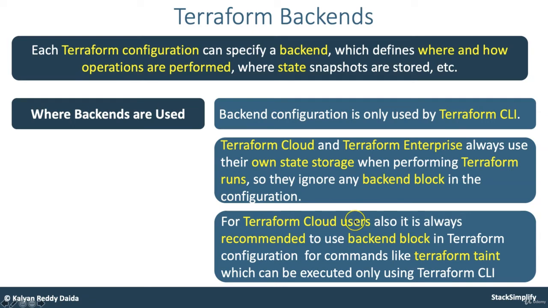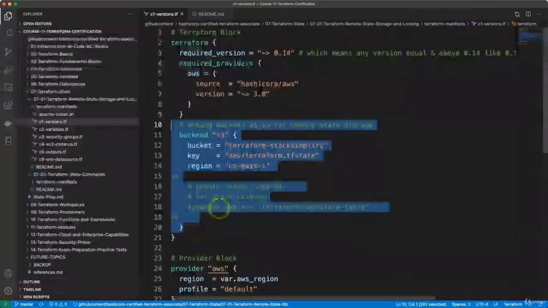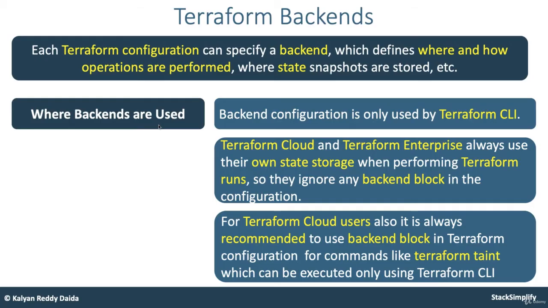Even though you are using Terraform Cloud to provision your infrastructure, it is still recommended to use the backend block inside your configurations. Why? Because there are some commands like terraform taint that will not be able to be executed using Terraform Cloud. You need to use Terraform CLI only for that.